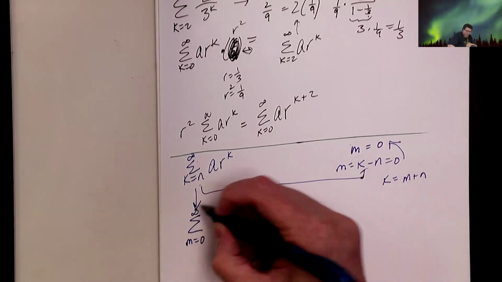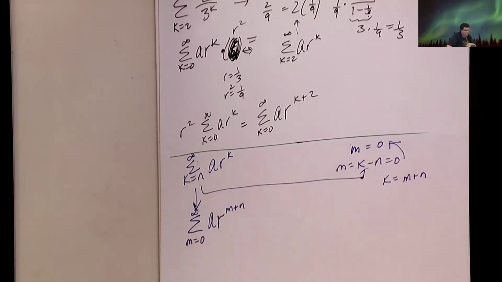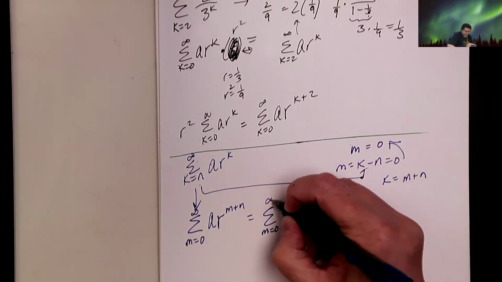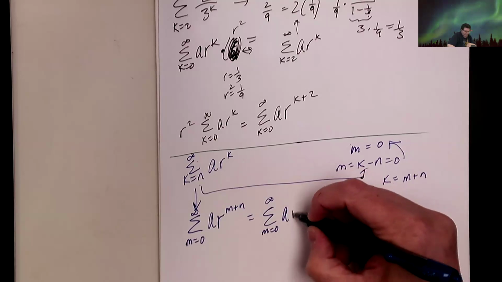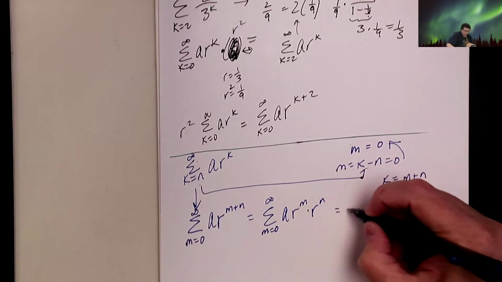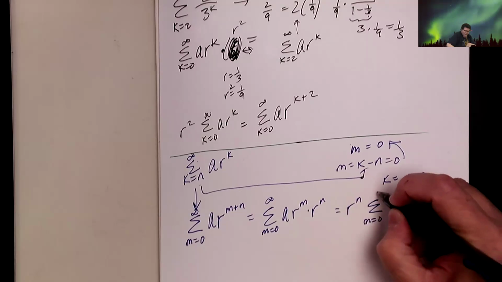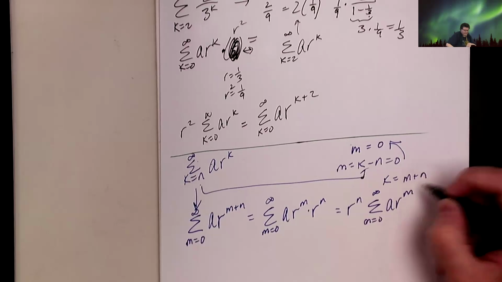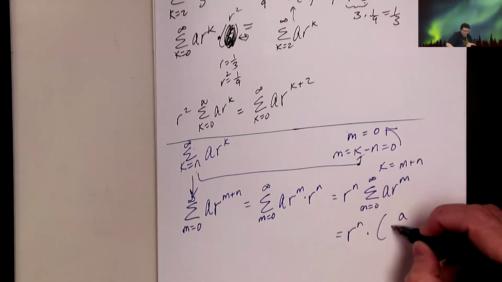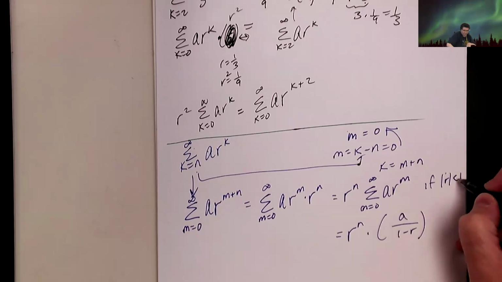So I can rescale this or give it a new limit with m equals 0. Now starting at m equals 0 to infinity of a to the rm plus n, which is m equals 0 to infinity of a to the rm times rn, which equals r to the n, m equals 0 to infinity of a to the rm, which is going to equal r to the n times a over 1 minus r if absolute value of r is less than 1.